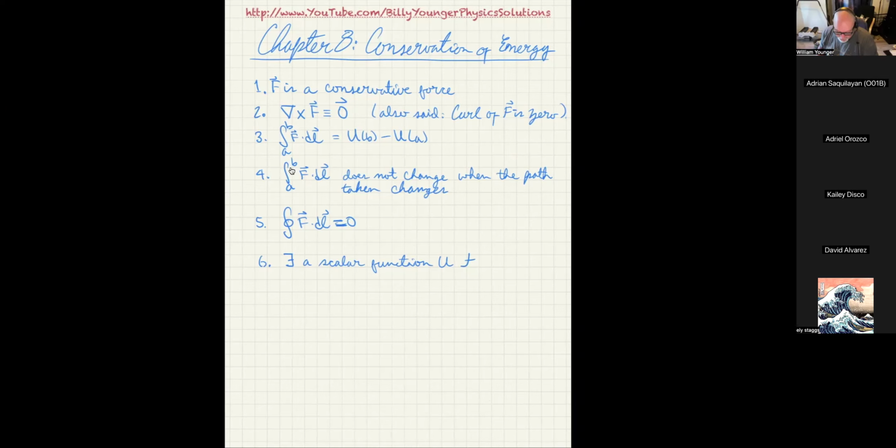So there exists a scalar function U such that F is equal to the negative gradient of U, like that.